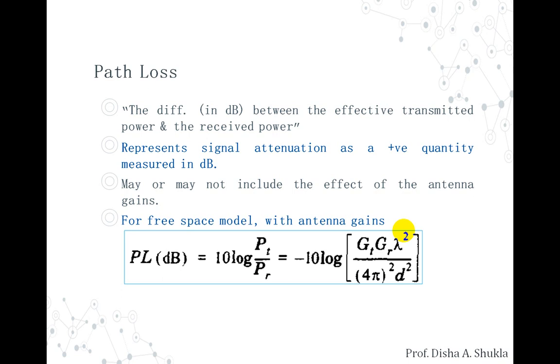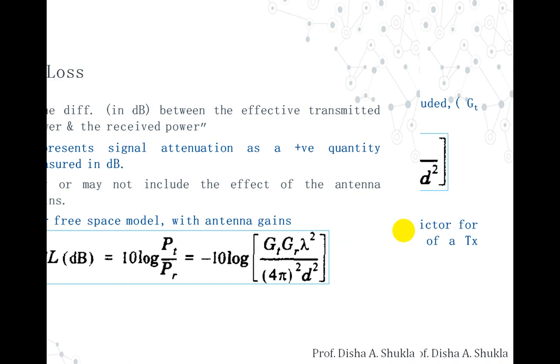That can further be written as minus 10 log of GT GR lambda square upon (4 pi) the whole square into d square. Again, GT is the gain of the transmitting antenna and GR is the gain of the receiving antenna. Here lambda is the wavelength of the signal and d is the distance between the two antennas. So this is how the path loss equation can be measured.